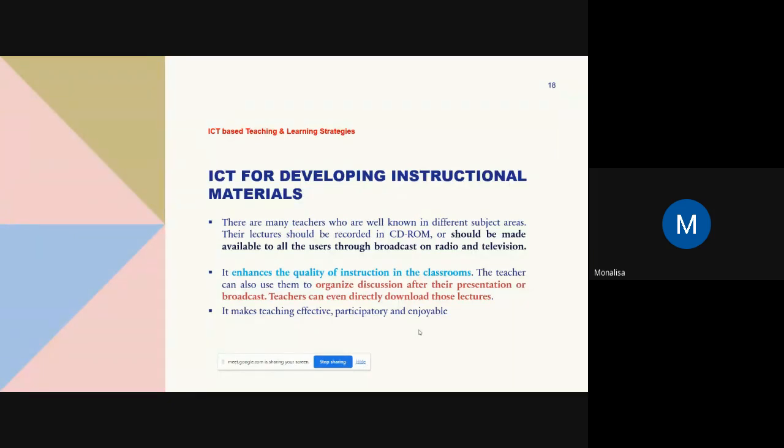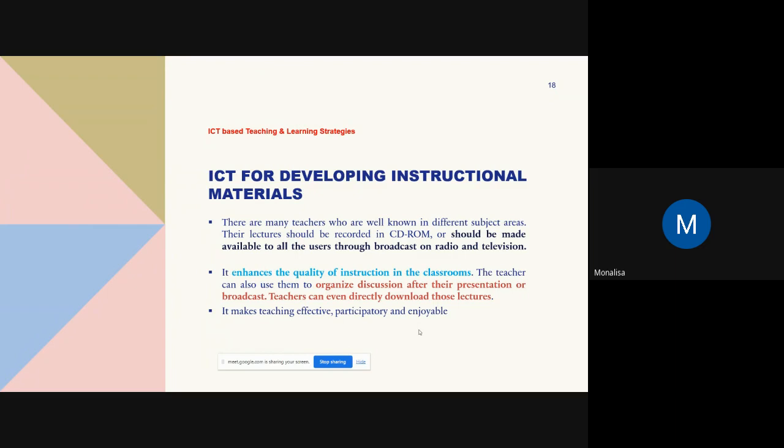That means if some study material is available in printed form, it may not always be up to date or up to the expected quality. Textbook reading is very often not enjoyable and does not help students in understanding the concept and retaining the information. There are many teachers who are well known in different subject areas.